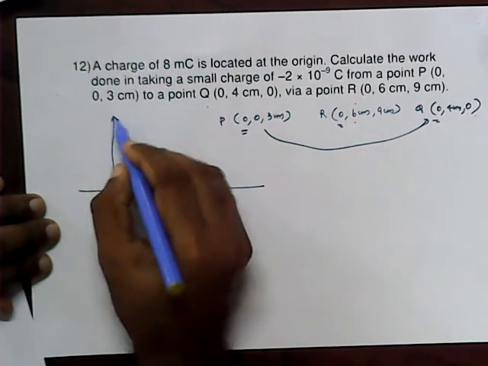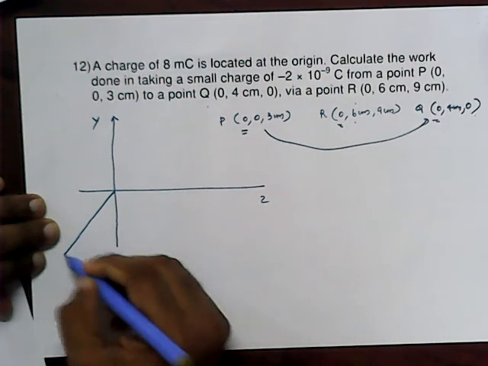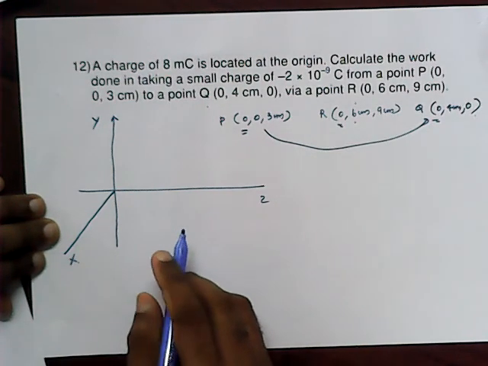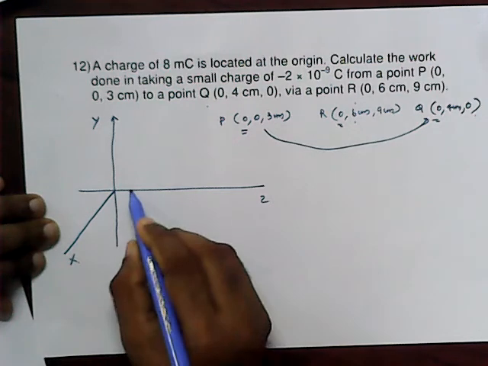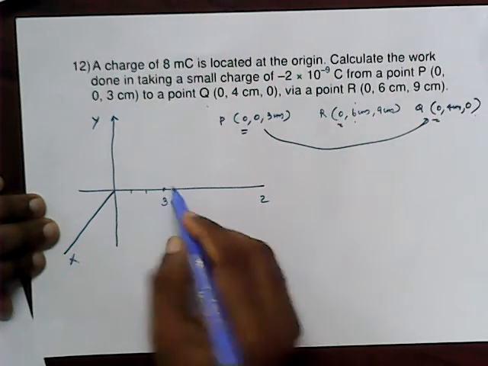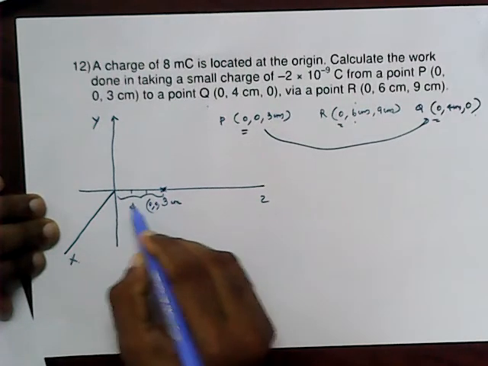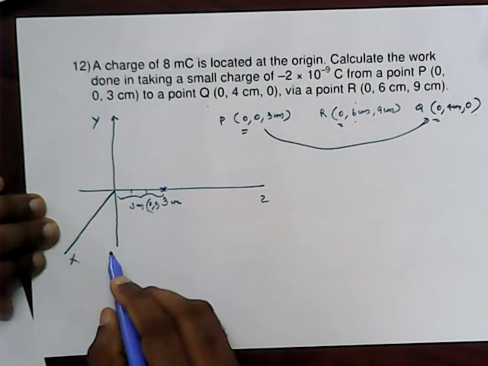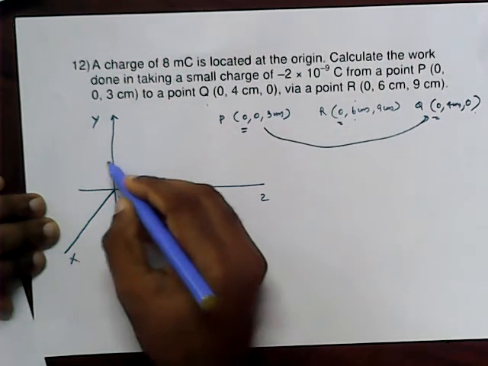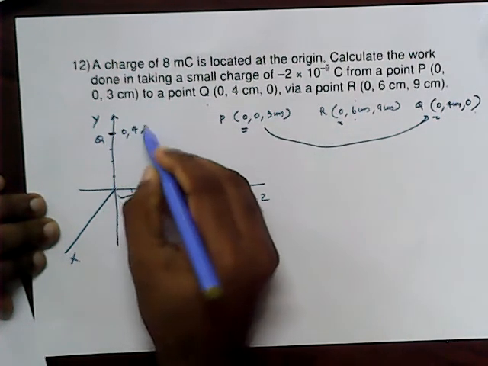Say that is Y and that is Z, and perpendicular to it, say that is X. At first we take the point P as (0, 0, 3 centimeter), so this distance is 3 centimeter. And the next one, Q: (0, 4 centimeter, 0), so 1, 2, 3, 4. So this is the point Q.